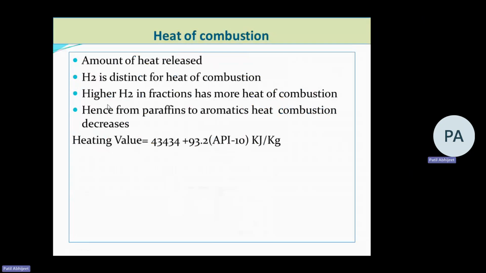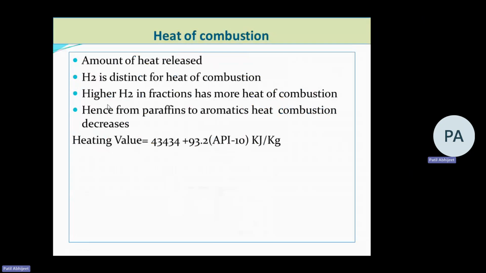This heat of combustion is going to play an important role, and this occurs when we are getting certain low values for that particular combustion. So higher H2 in fractions has more heat of combustion. Always remember that heat of combustion decreases from paraffins to aromatics.